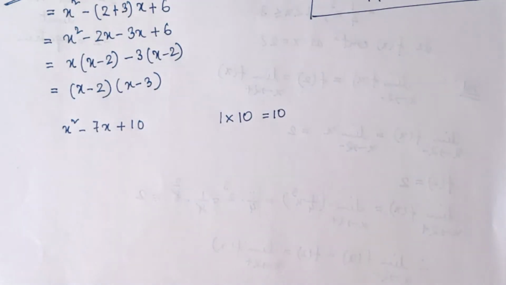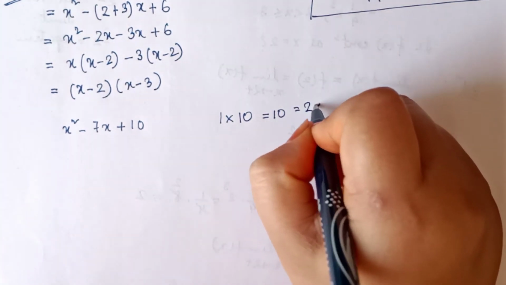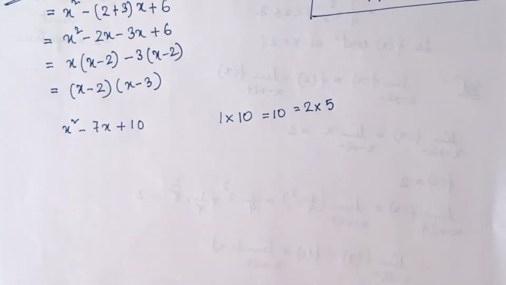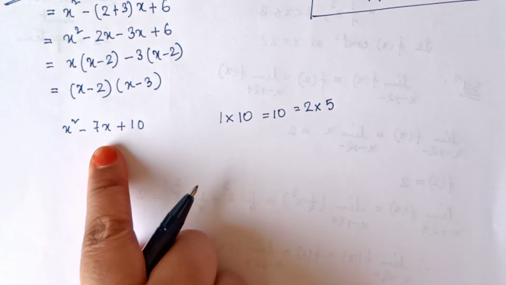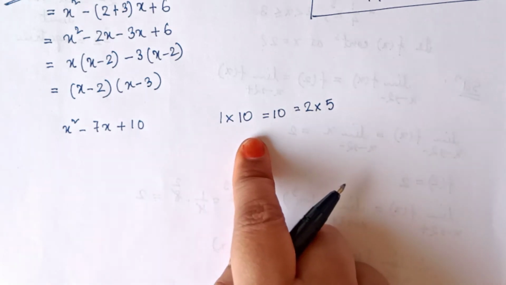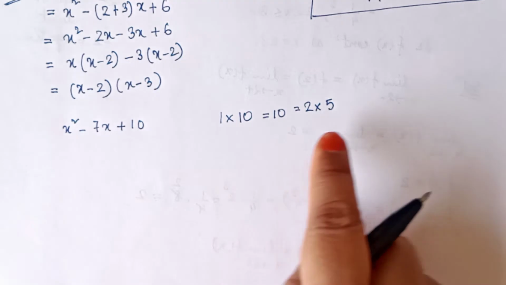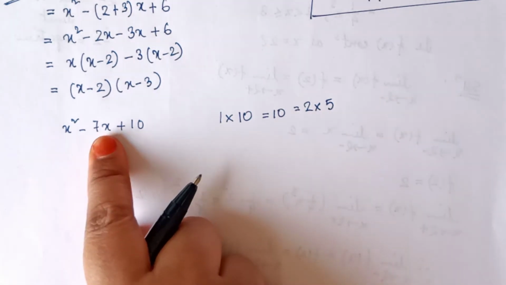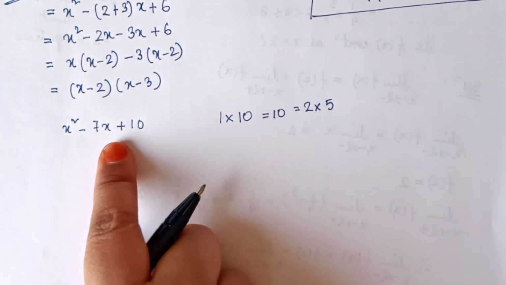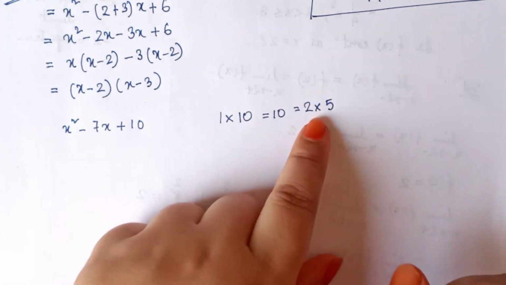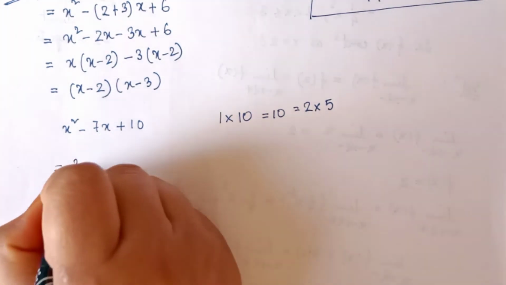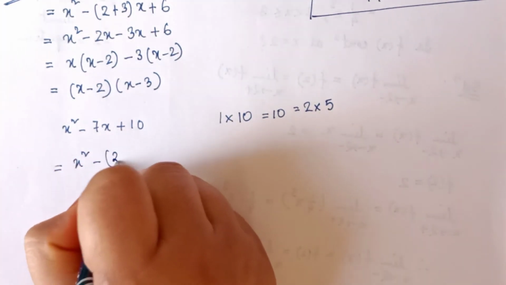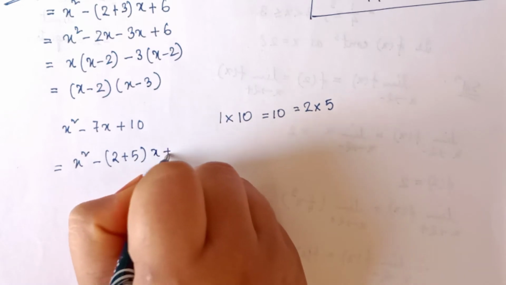Now 10 can be expressed as 2 into 5, or you can say the two factors are 2 and 5. Again, we have to get the value 7 by adding or subtracting the factors. Now 2 plus 5 is equal to 7. So here we will substitute this value: x square minus 2 plus 5x plus 10.